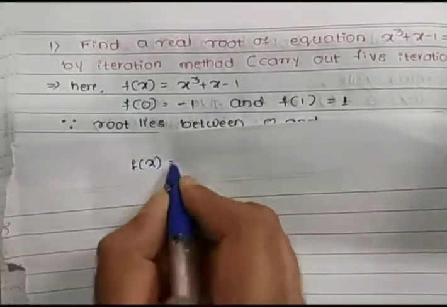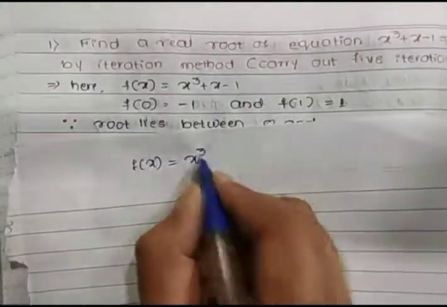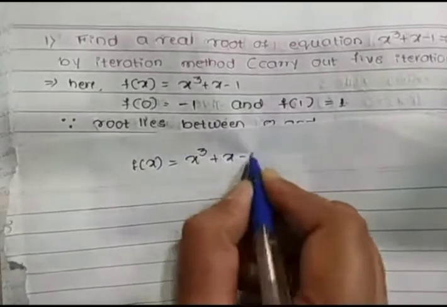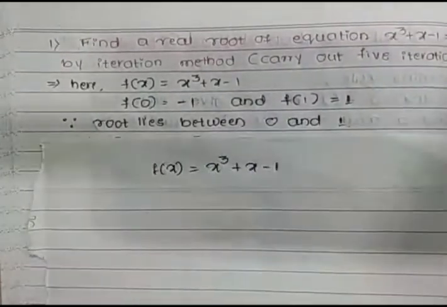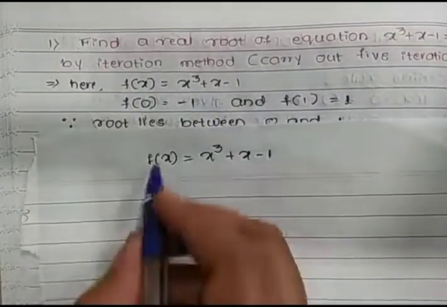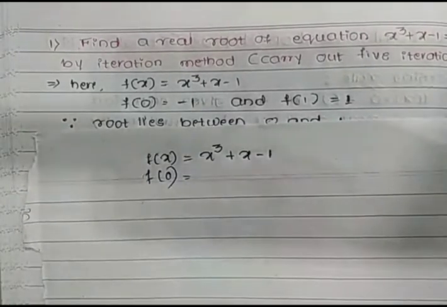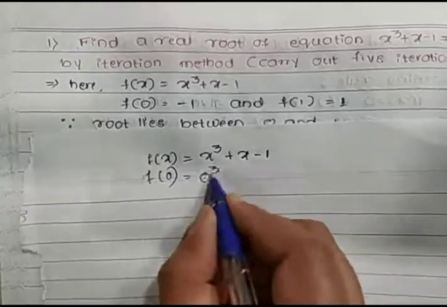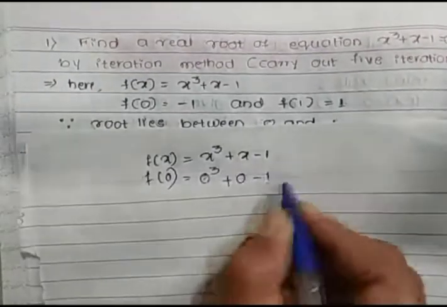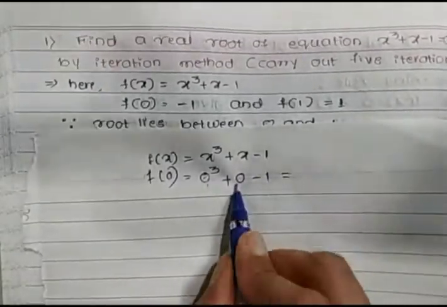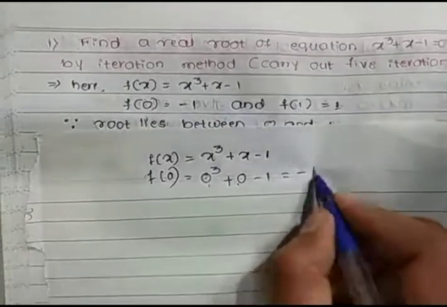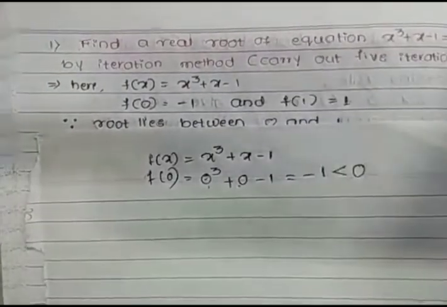First we consider the given equation as it is, that is f(x) = x^3 + x - 1. If intervals are not mentioned, directly go for 0. Replace x using 0: 0^3 + 0 - 1, which is minus 1, less than 0.